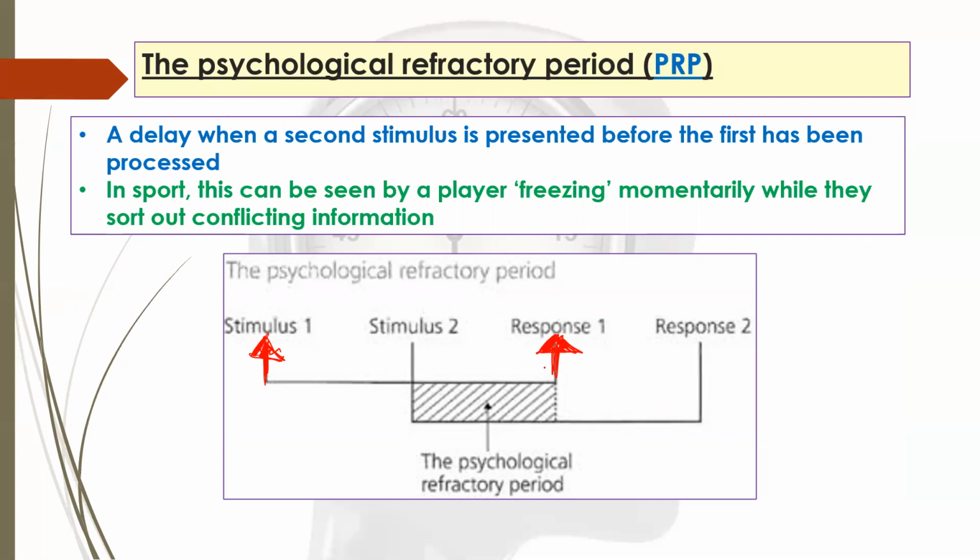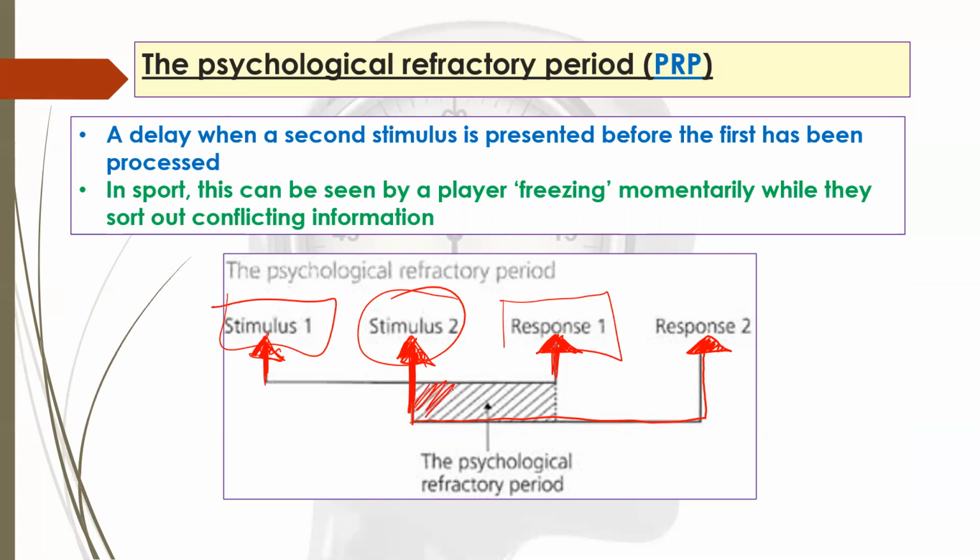But before it gets to that stage, stimulus 2, where the ball's hit the net and it's clipped the net, changed the path of the flight of the ball. That's then linked to response 2 over here. But before you can actually process this one, you've got to deal with this one, stimulus 1.